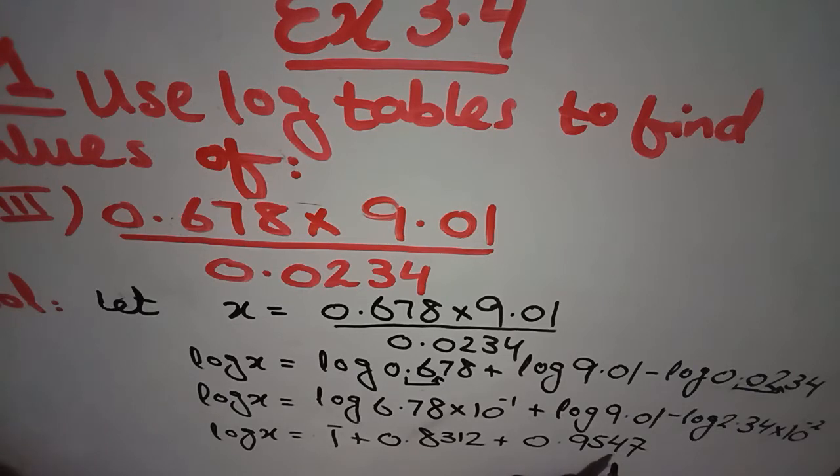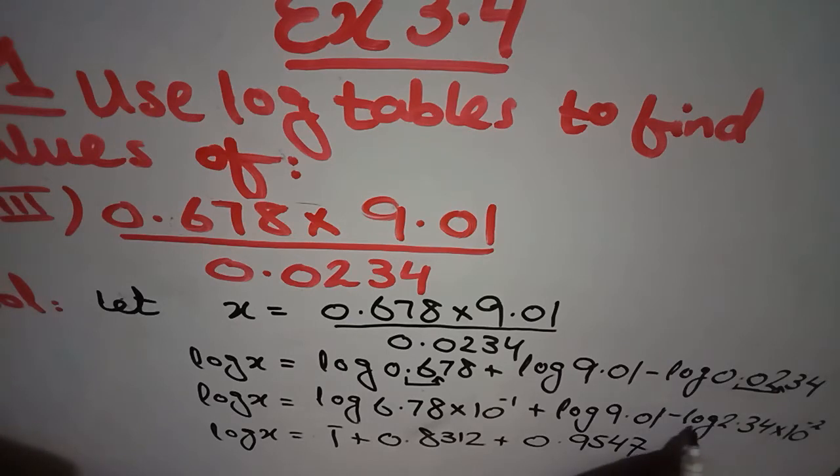You have to correct it up to 2 or 3 decimals, that is 0.954. A slight change will come, so don't worry about that. Take the value from your logarithm table. So log of 9.01 is 0.9547. Now move towards this value.